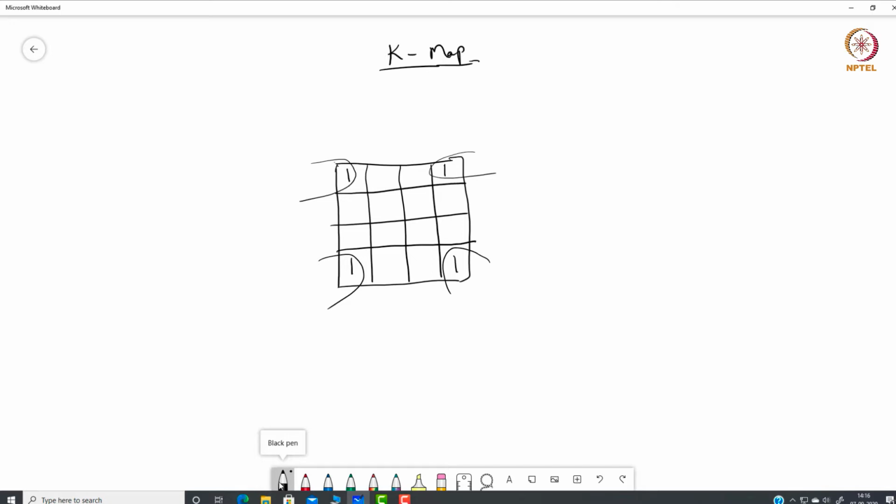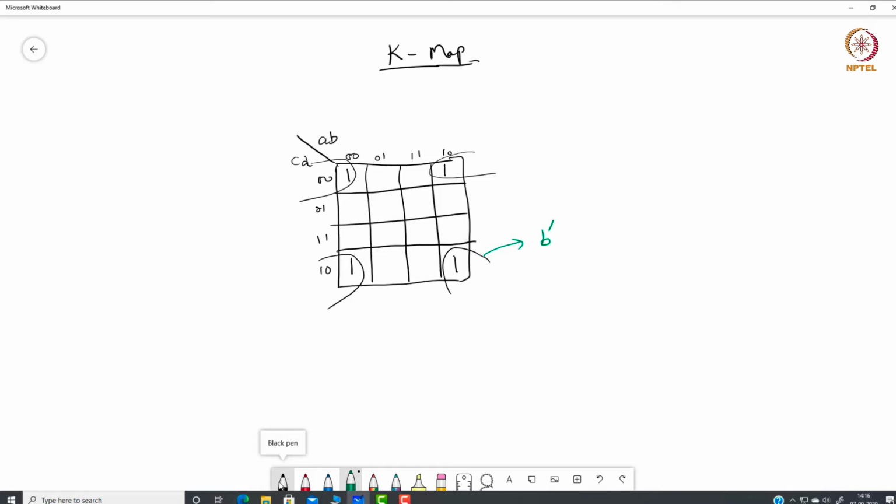The next question is what the expression would be. Let us say these are the 4 ones. What would be the expression corresponding to them? We see what the variant terms and invariant terms are. Here A is variant and B dash is invariant, so B dash would be here.